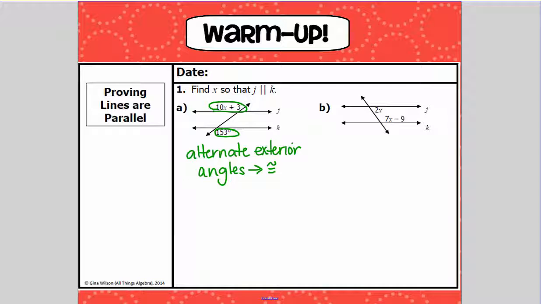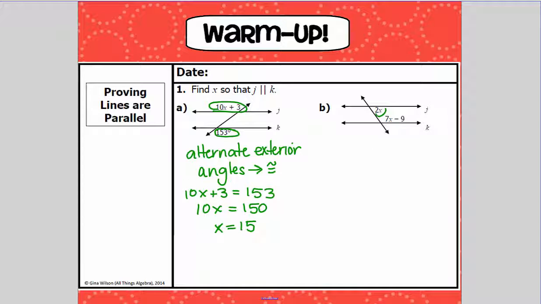With their measures being congruent, I can then say that 10x plus 3 is equal to 153. I'll get 10x is equal to 150 because I subtract 3 on both sides, so x is equal to 15.